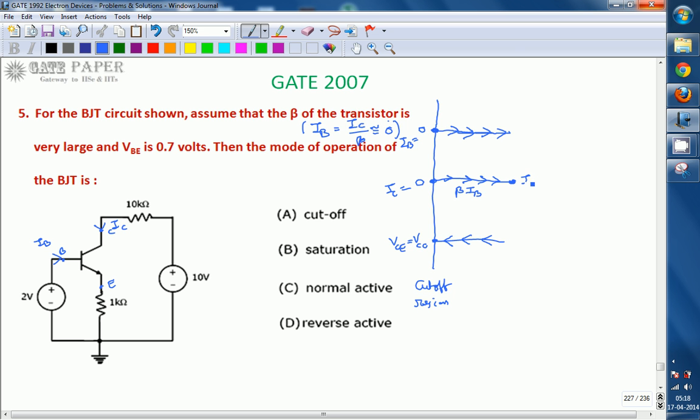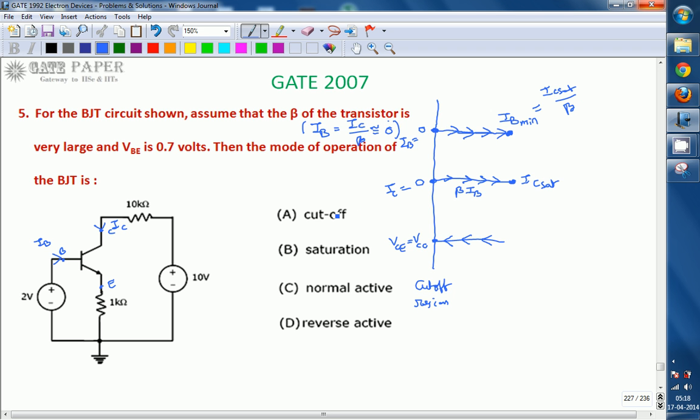This point is going to be treated as IC saturation. The collector current increases with respect to IB and at one point it becomes saturated. The base current required to get this IC saturation is treated as IB minimum. Till this point there is a relation between base current and collector current, and IB minimum can be calculated as IC saturation divided by beta.